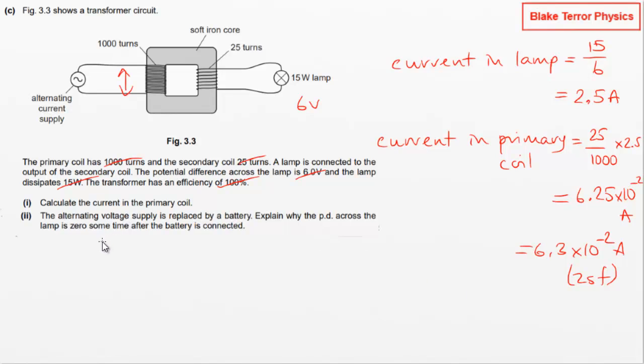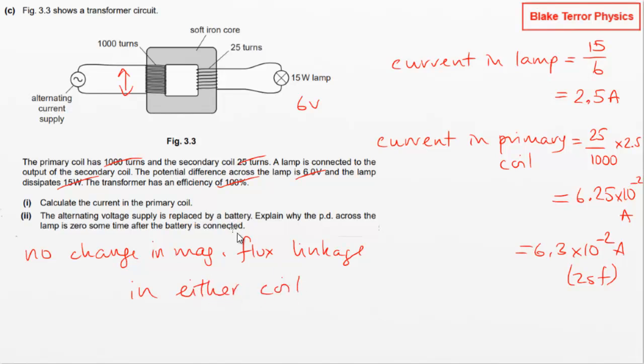The alternating voltage supply is replaced by a battery. Explain why the PD across the lamp is 0 some time after the battery is connected. Well, we've got no change in magnetic flux linkage in either coil. You need to have something changing.